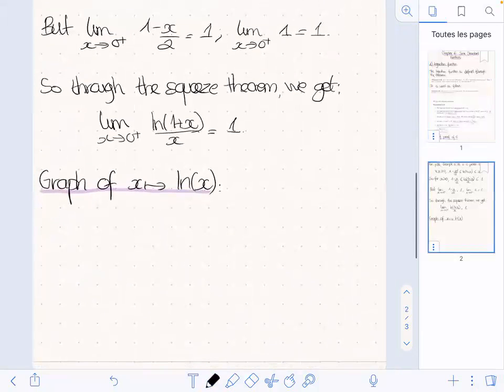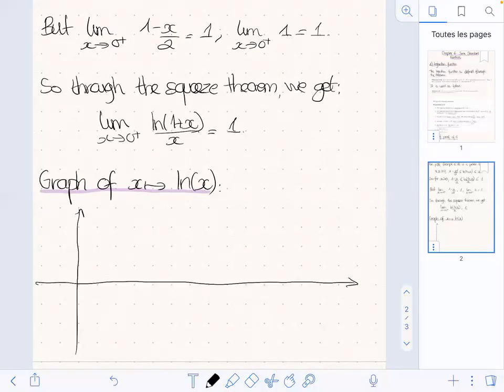We're only going to work on r plus star, so we only need the right hand side of a graph. Now what we know about this function is that it's increasing. I guess we could do a variation table, but it would just show us that the function's monotonous on r plus star, so we wouldn't gain that much information here.